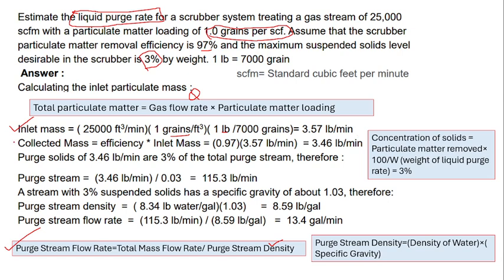Now to find the collected mass: the inlet mass going through the scrubber is 3.57, but what is actually collected depends on the scrubber efficiency.